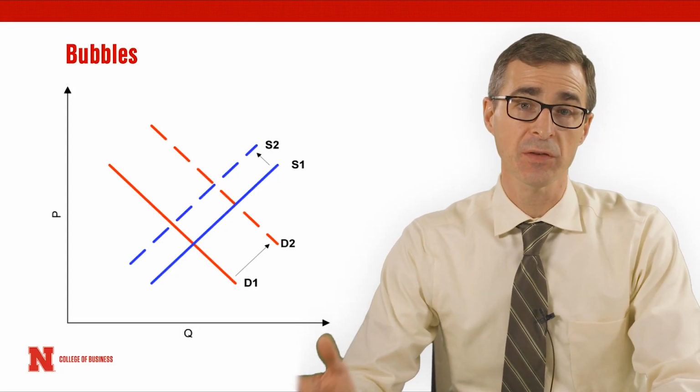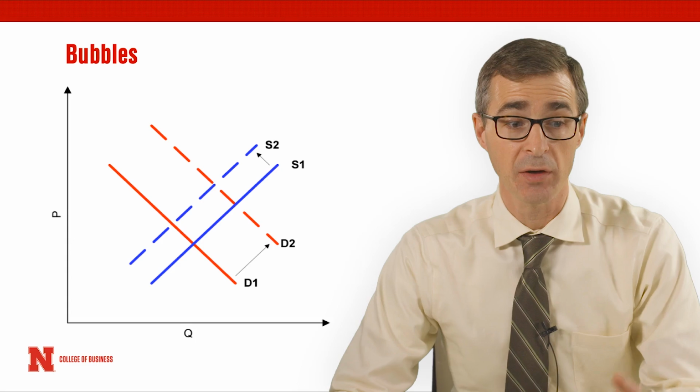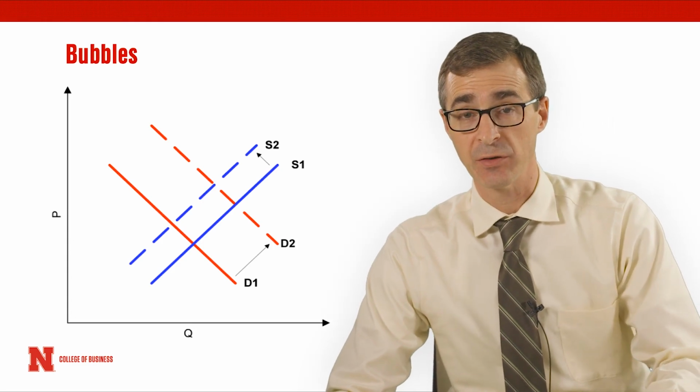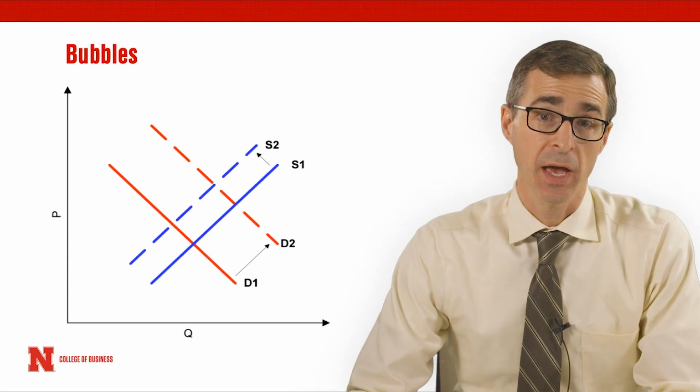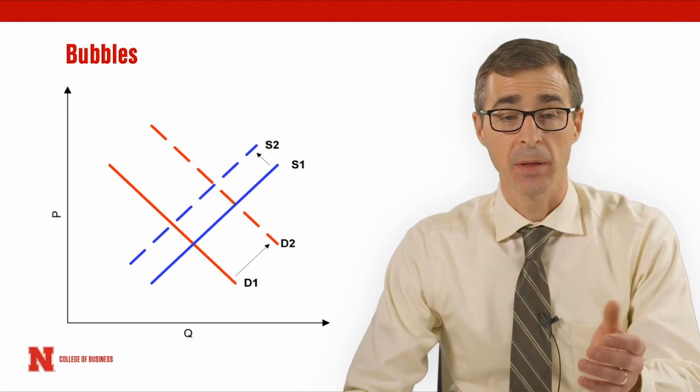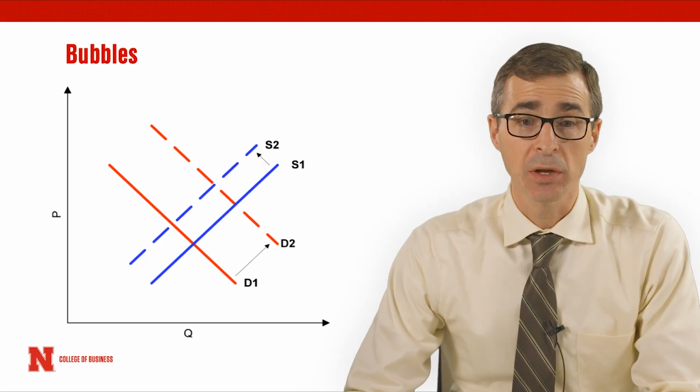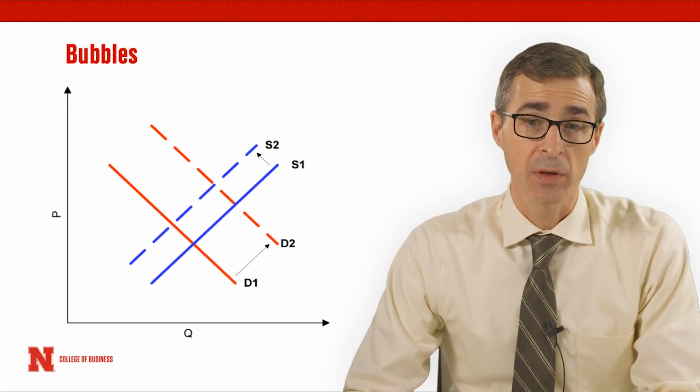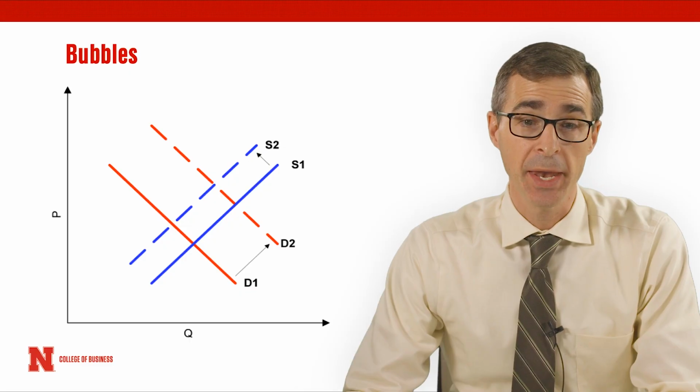If we consider this illustration, with the price of an asset on the vertical axis and the quantity on the horizontal axis, the initial equilibrium occurs at the point where D1 and S1 overlap.